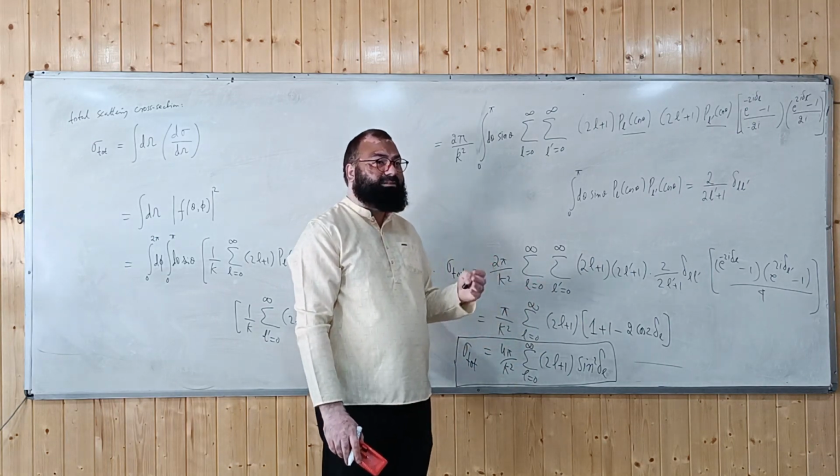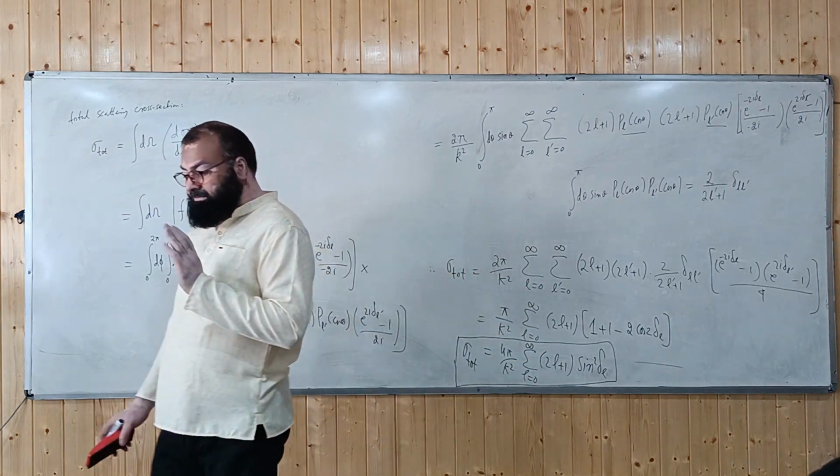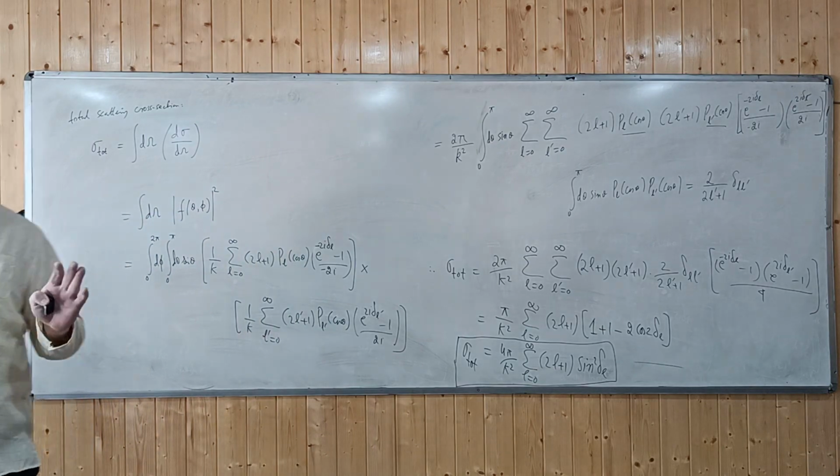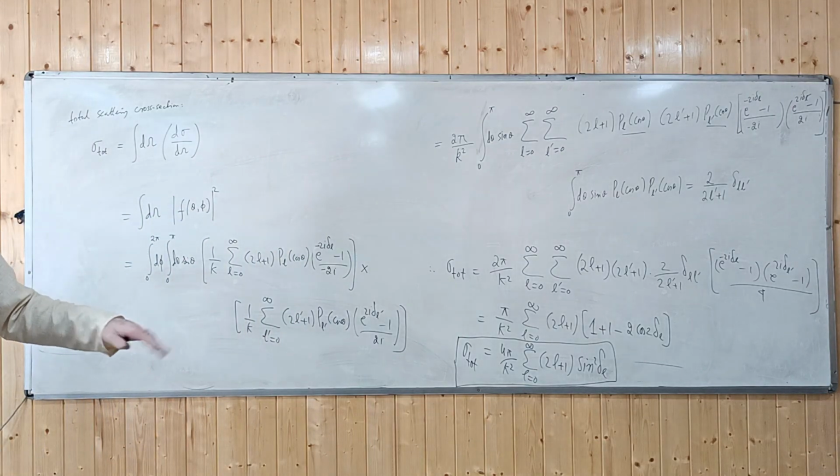So if, let's say, only one term is contributing in this sum, only L equal to 0, that means you get a total scattering cross section due to L equal to 0 states, or the scattering is happening in the L equal to 0 region. We call that S wave scattering, because L equal to 0 means S wave. If you have L equal to 1, that means P wave. Similarly, L equal to 2 means D wave. Got it? Okay.